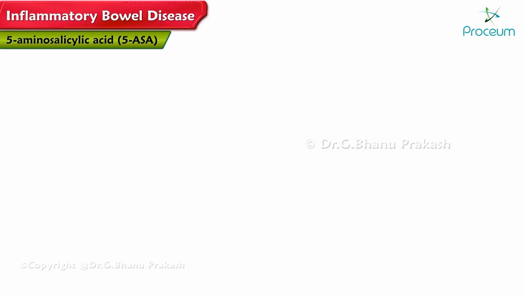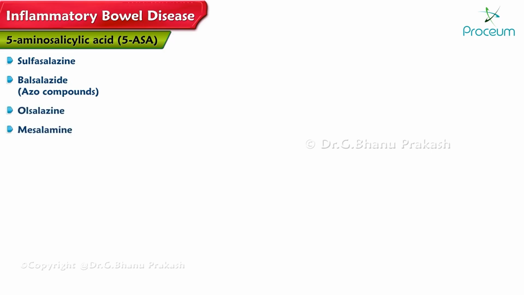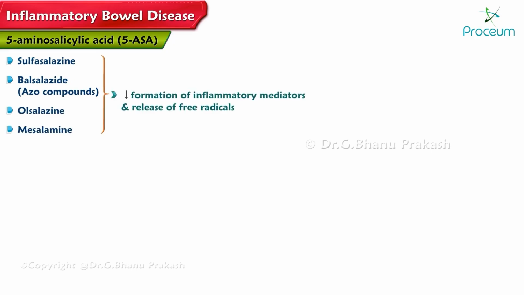5-amino-salicylic acid compounds, 5-ASA. These include sulfasalazine, balsalazide, also known as azo compounds, olsalazine, and various forms of mesalamine. They act by decreasing formation of inflammatory mediators and release of free radicals.